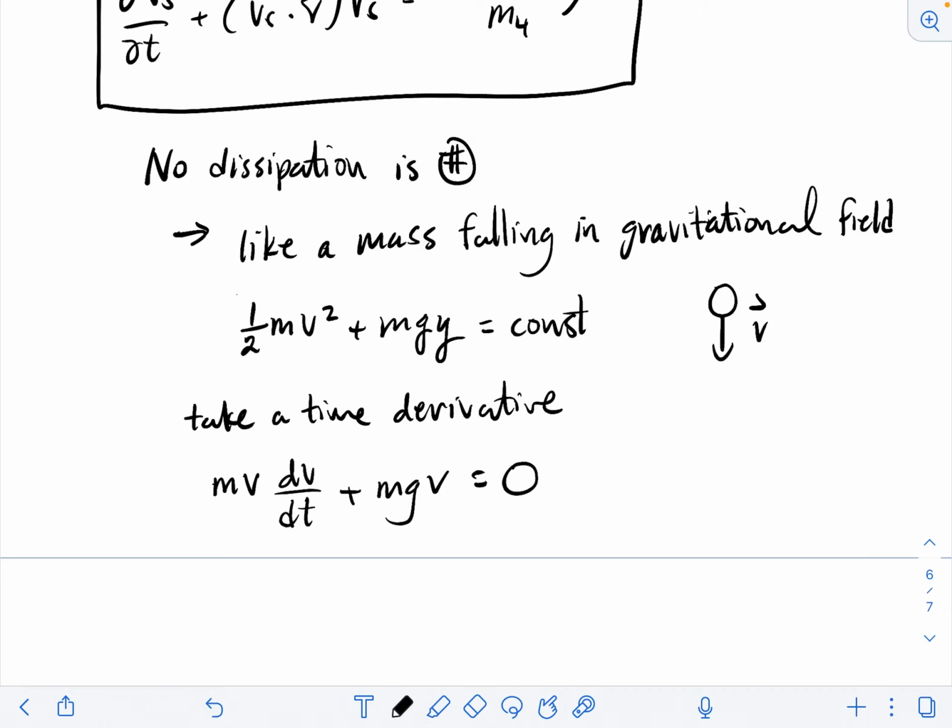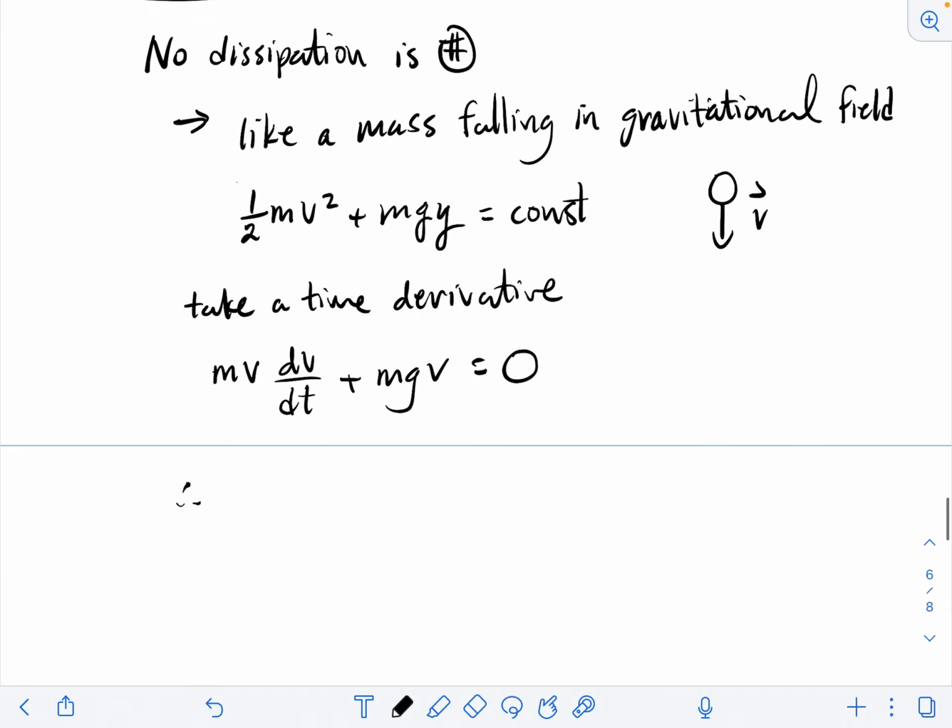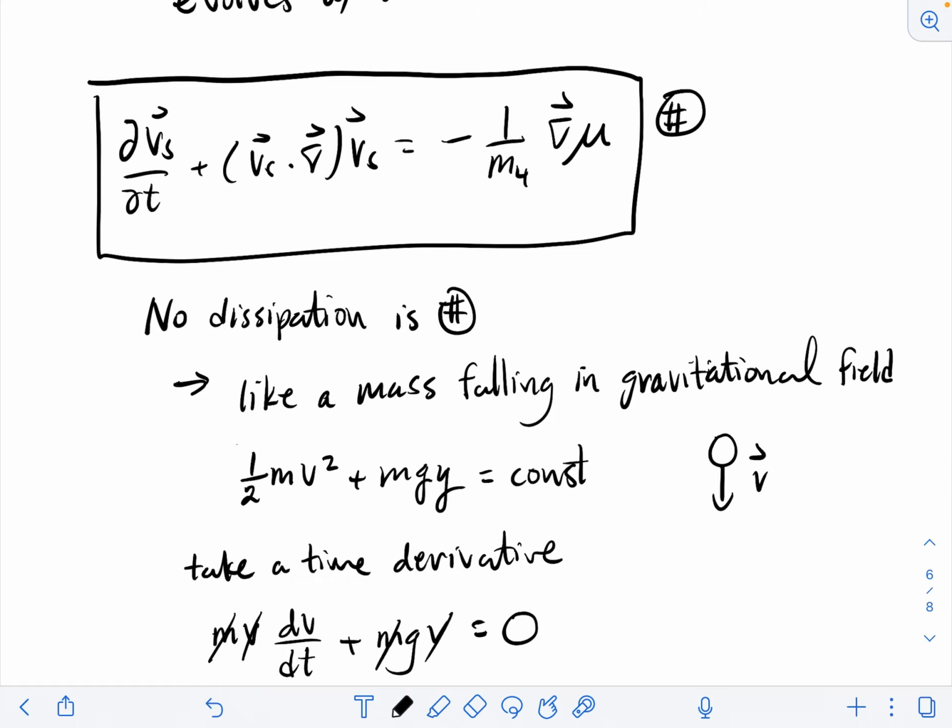So if we rearrange and divide by m, we could divide by v as well. We get minus g is equal to dv/dt, and so this is our acceleration term, and that's analogous to the left-hand side of equation number sign.